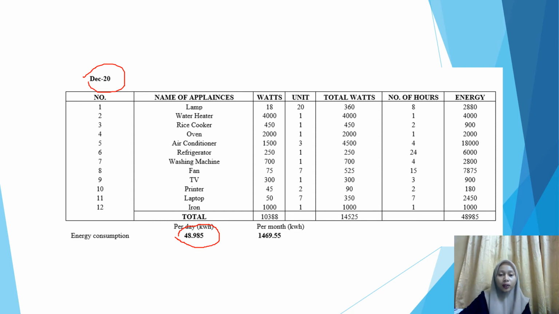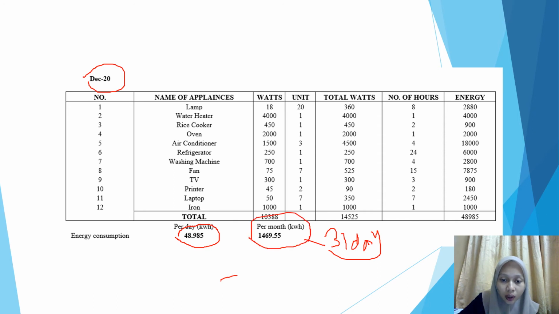So the monthly in December, they have 31 days. So just multiply 48.985 times 31, and you can get the total kilowatt hour per month is 1,469.55 kilowatt hour.